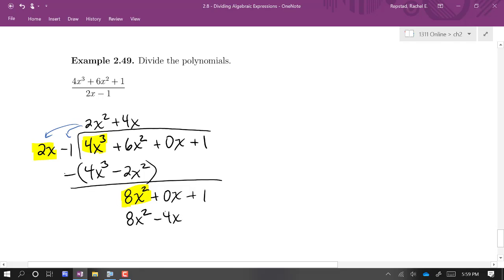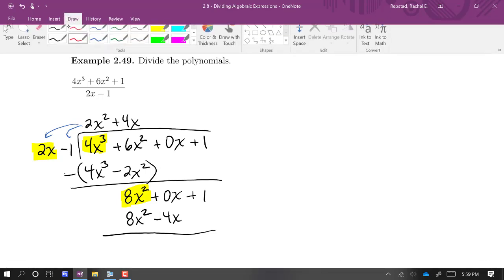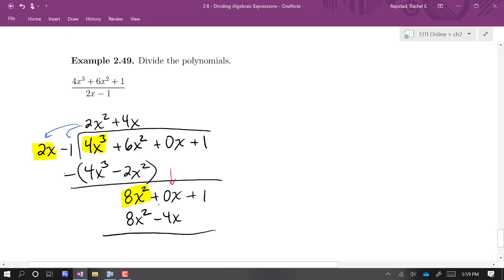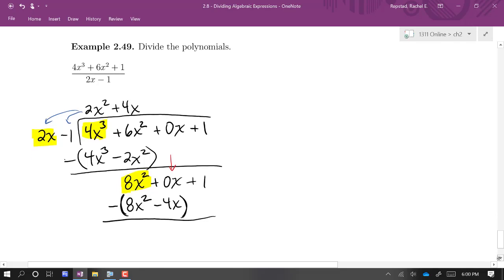So here, right here, this is why I include that 0x placeholder, because it lines up my like terms, and I'm less likely to make a mistake. I still have to be careful with my signs. I am subtracting the whole thing, so those parentheses are important. 8x squared minus 8x squared will cancel, as we expect. 0x minus a negative 4x is a positive 4x. Bring down the plus 1.